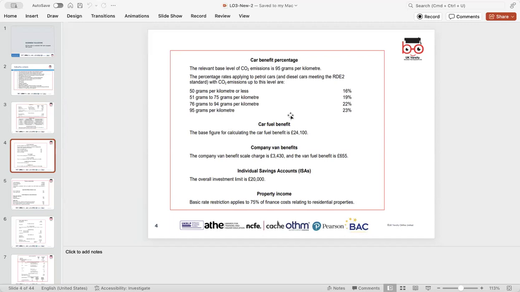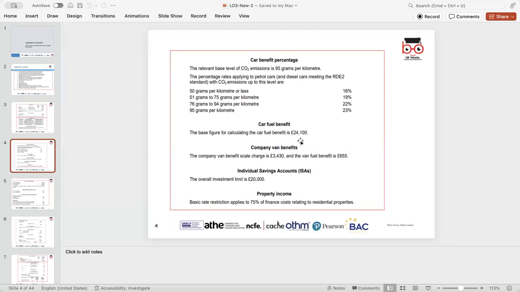For company car and van benefit, the car fuel benefit base figure for calculation is £24,600.